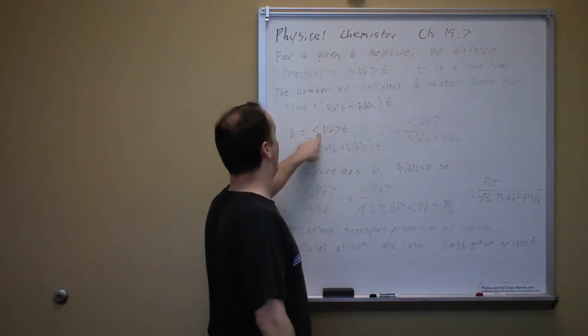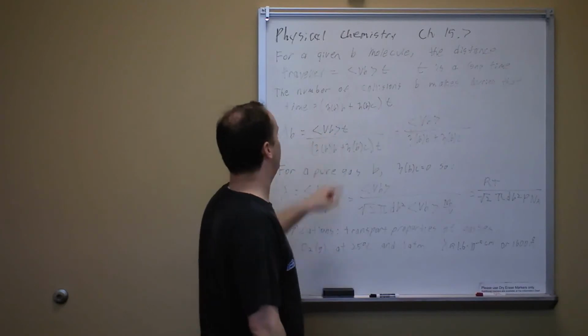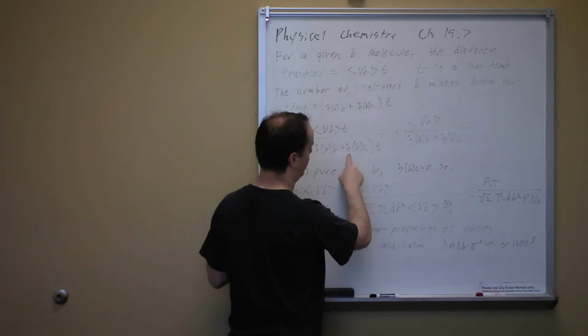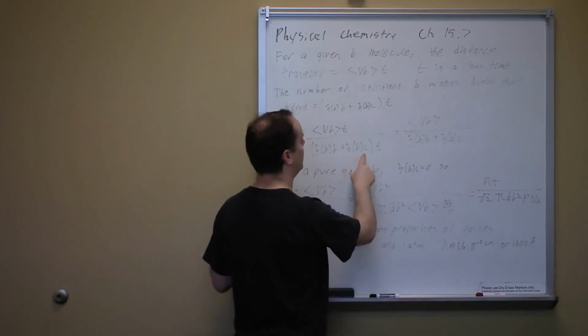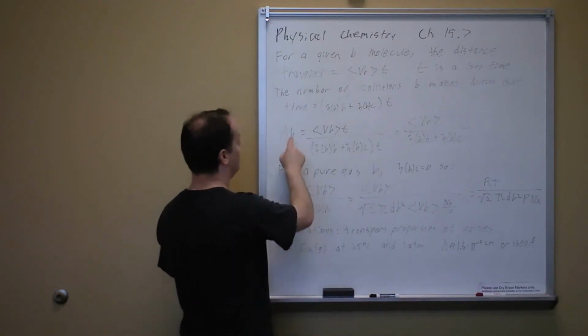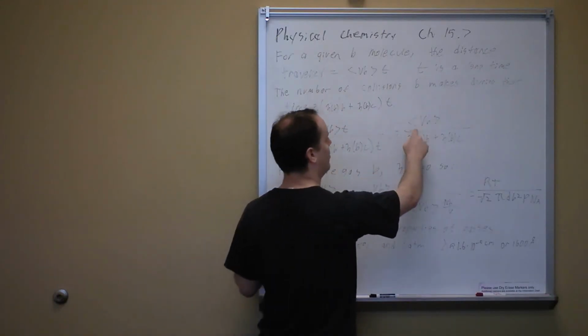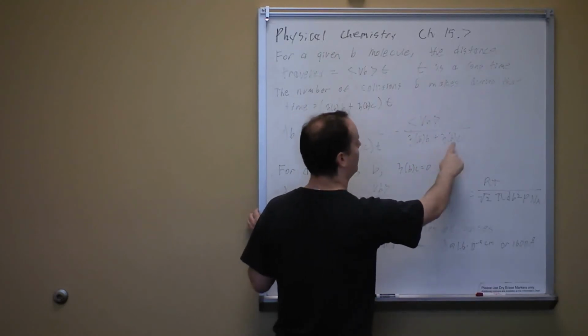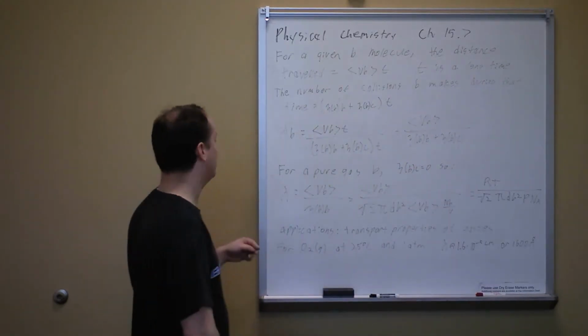So the average speed of B molecules times the time divided by the collision rate of B with other B molecules plus the collision rate of B with other C molecules times the time duration. Notice the times cancel out. So the mean free path for a molecule B is just the average speed of B divided by the collision rate of B with other B molecules plus the collision rate of B with C molecules.